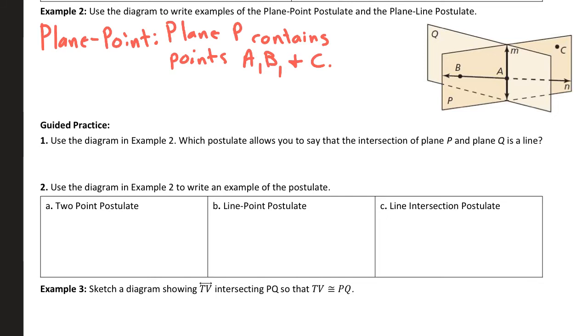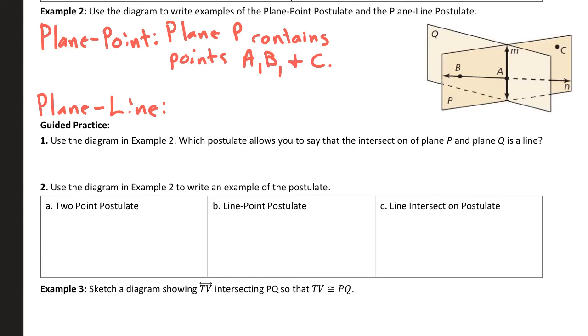Okay? The next postulate we're going to identify here is the plane line postulate. Okay? And again, we go back to that plane line postulate. It says if 2 points lie in a plane, then the line containing them lies in the plane.